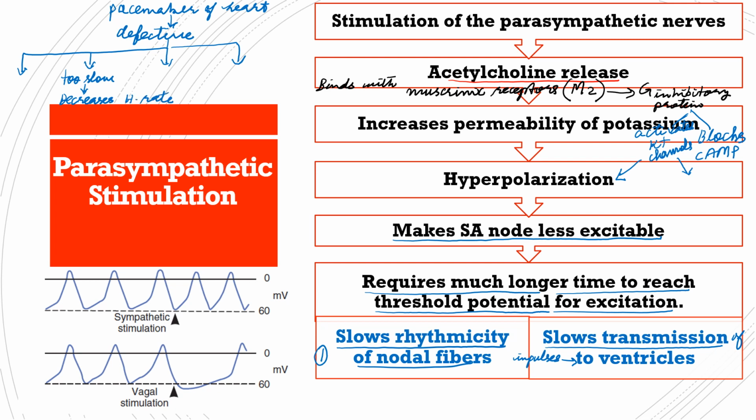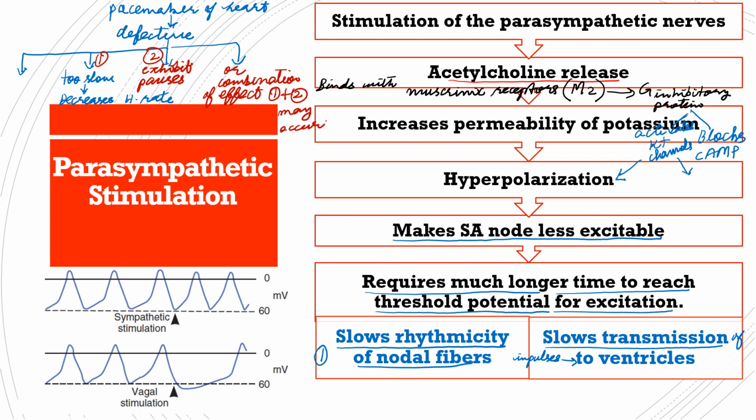Number two, the defect in the SA node may exhibit pauses. Number three, a combination of effects 1 and 2 may occur.